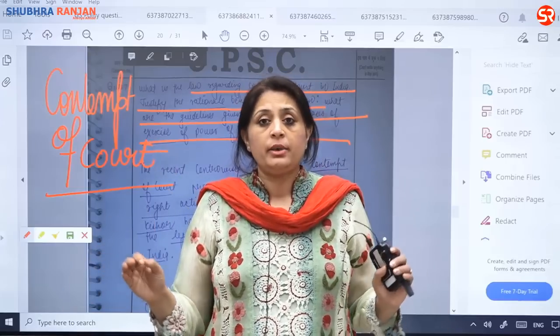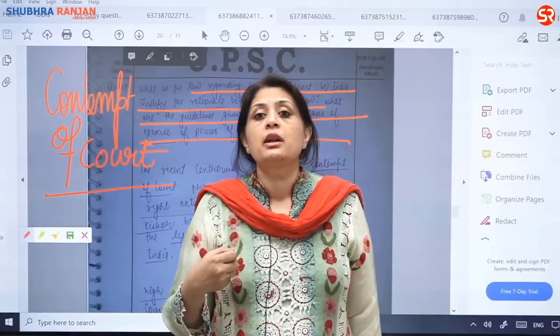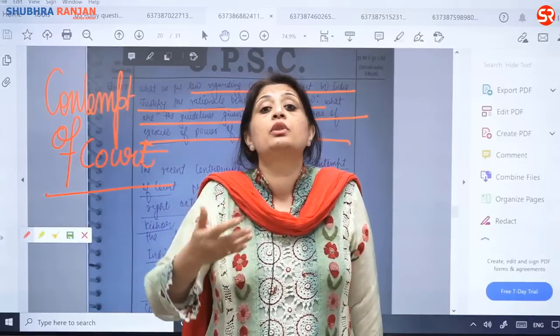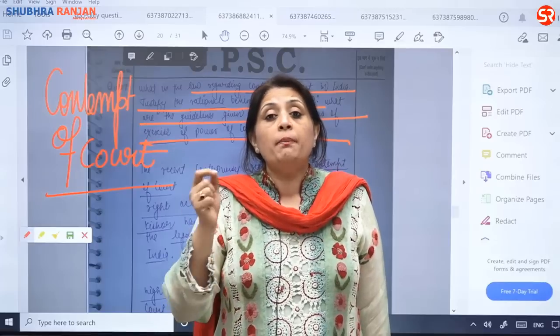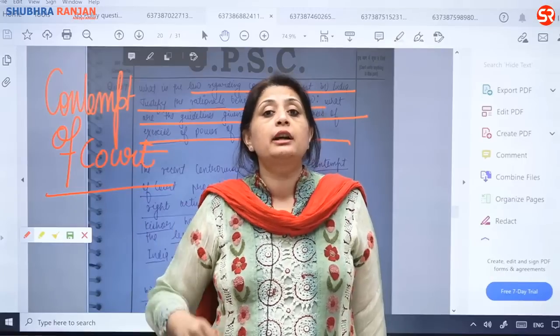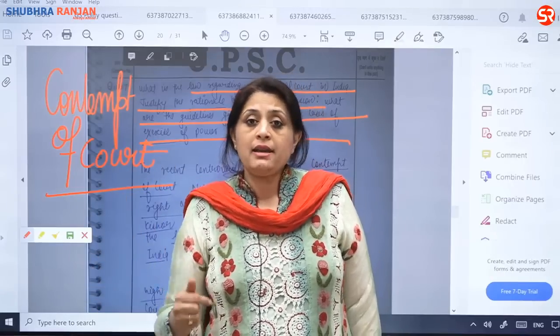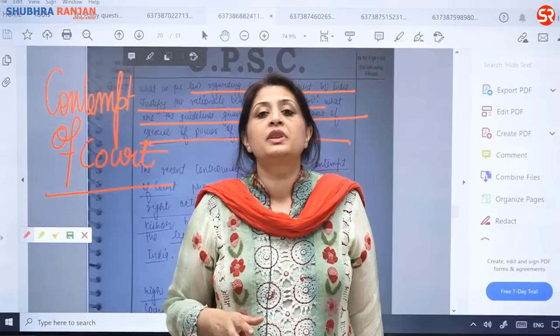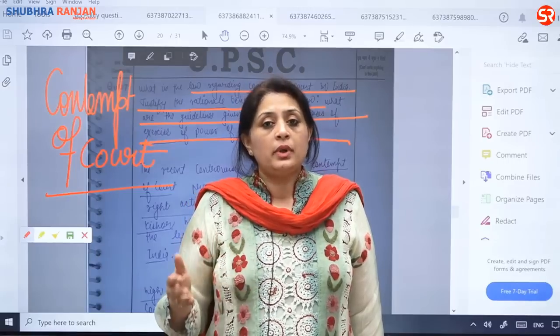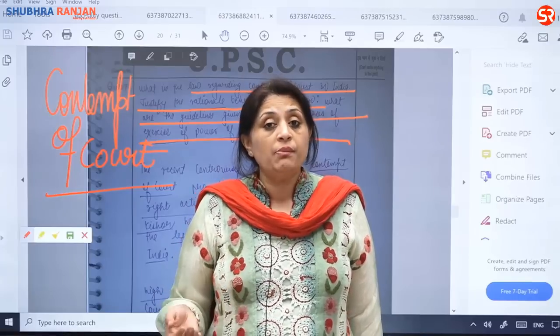Though Parliament has made a provision, yet it is a constitutional power of the Supreme Court, it's the original power of Supreme Court. Parliament law does not restrict the Supreme Court and High Court's power to punish for their contempt. In case of a criminal contempt, there can be an imprisonment and fine.